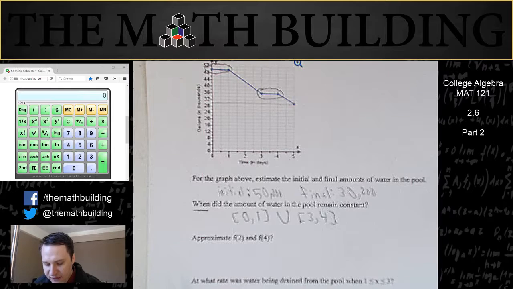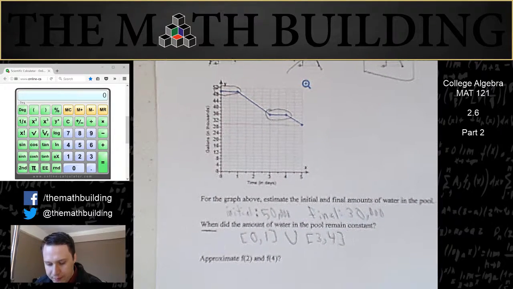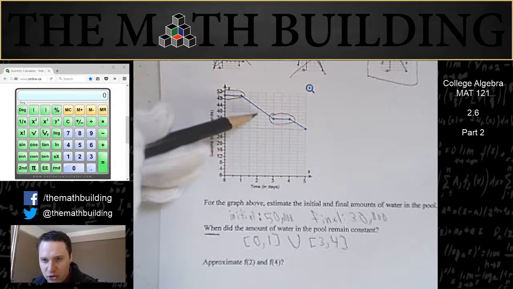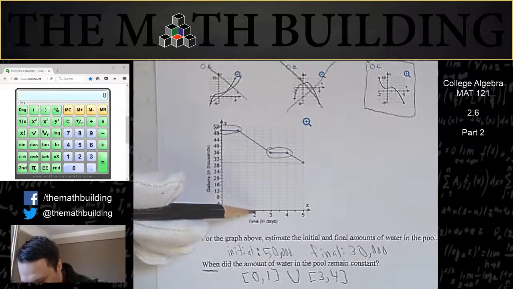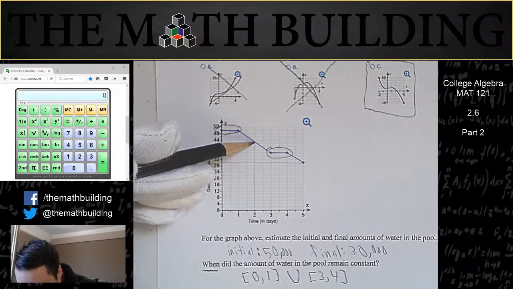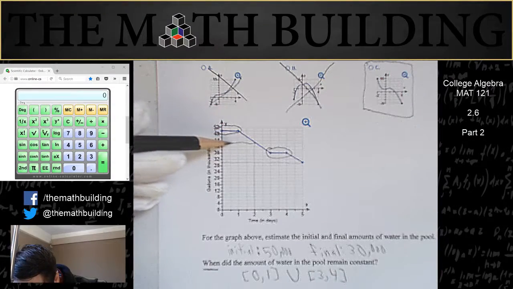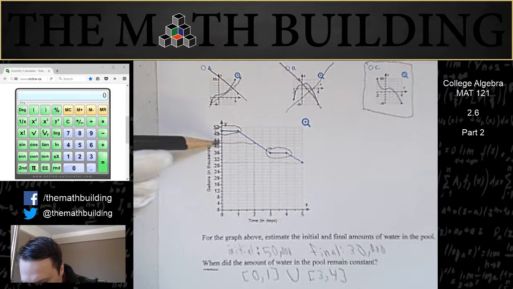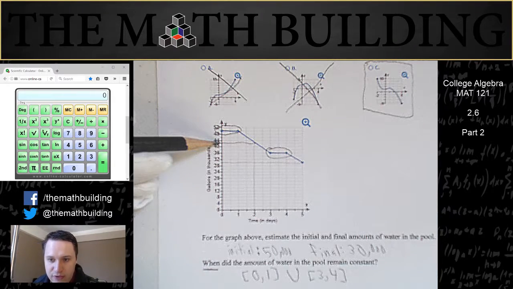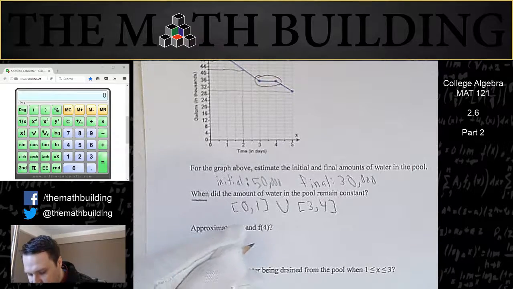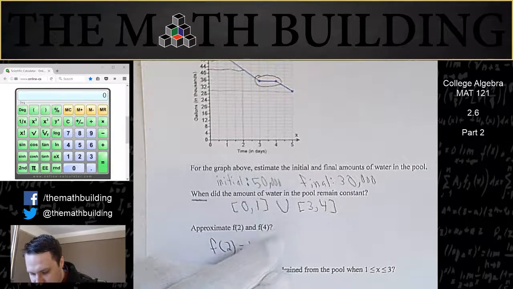Please approximate f of 2 and f of 4. Well, f of 2 means we're going to plug in 2 into the function and try to estimate what the value is. So plug in 2, and I think I'm at that point right there. And you can look closely at your paper. When I come across, it appears to me that that value right over here is 42. So I would say f of 2 is equal to 42,000 gallons.